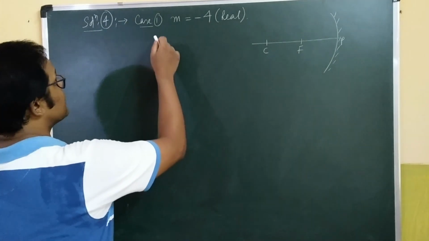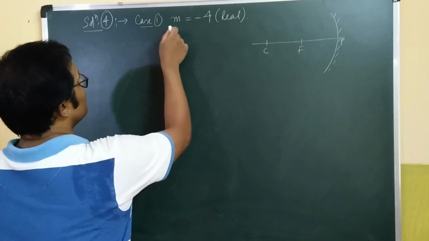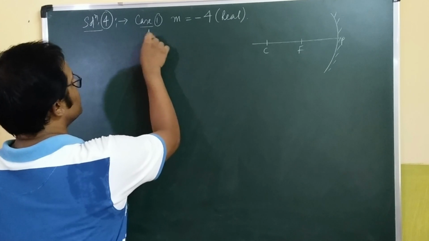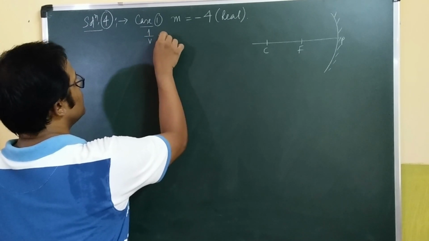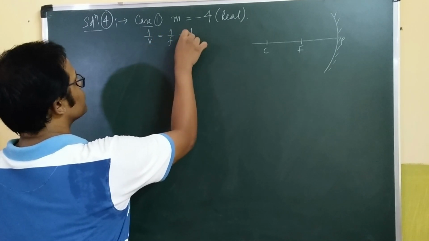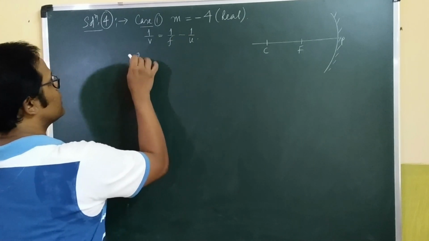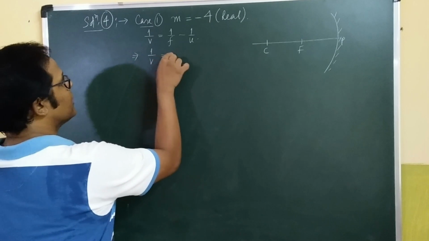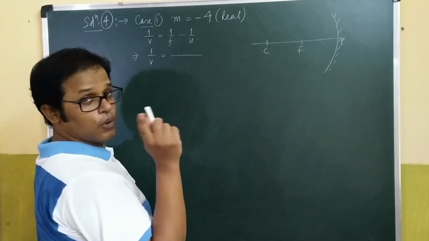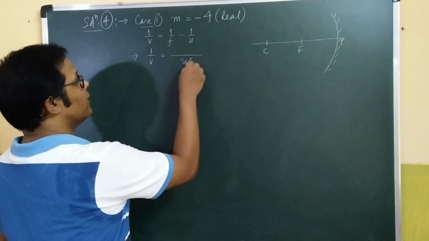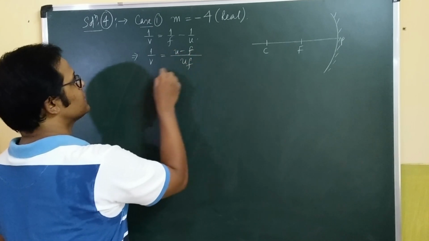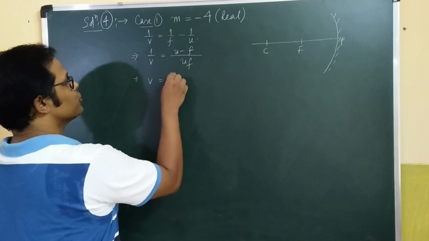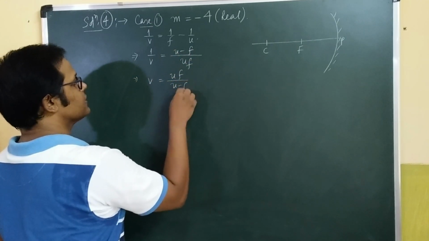So let us create a formula using the mirror formula, 1 by v equals 1 by f minus 1 by u, so that we can substitute for v in the magnification and get a new formula which will include the focal length also. So it is u minus f over uf, so v equals uf by u minus f.